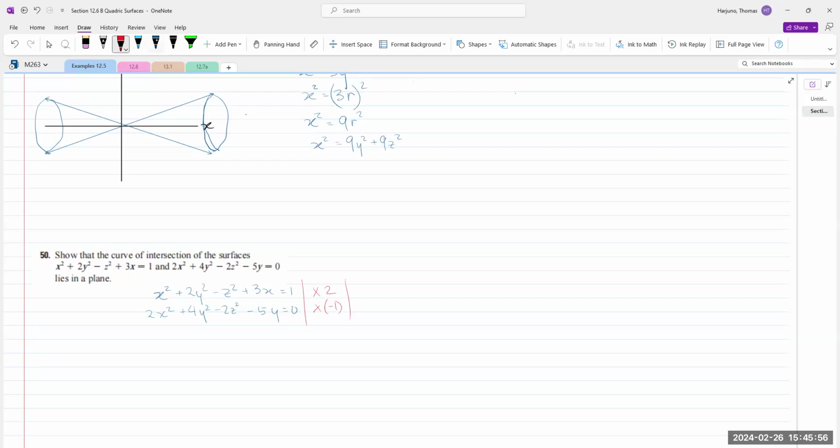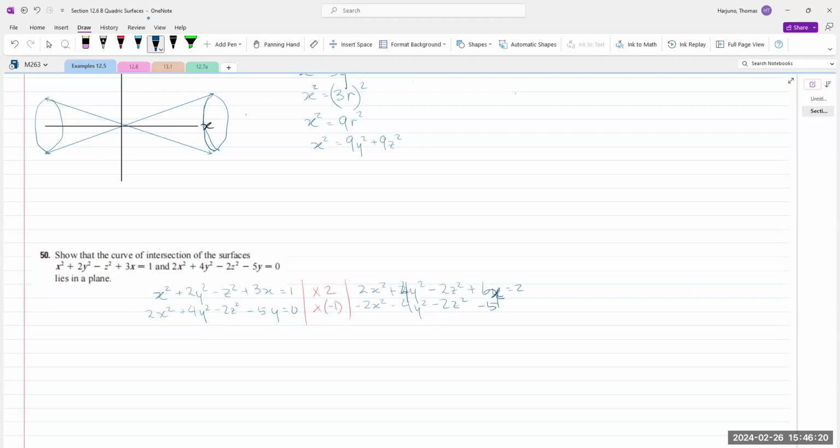Now my purpose is so that later on when I add, they cancel. Oh no, this is 6x.